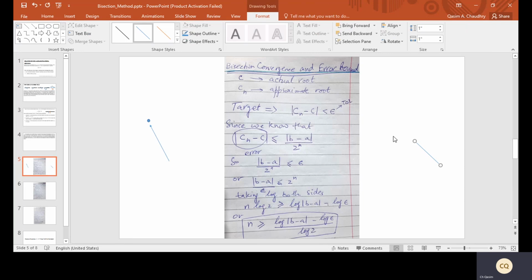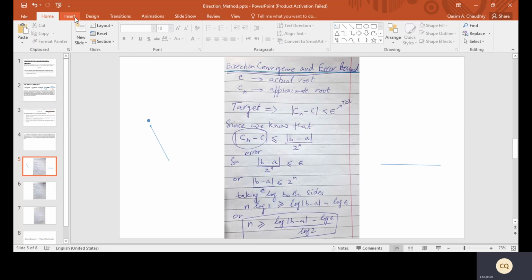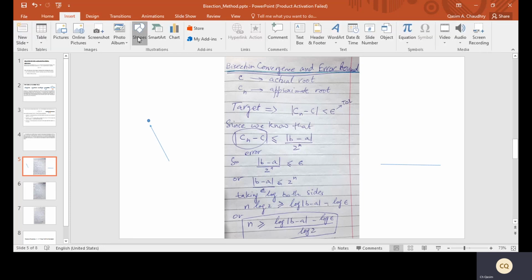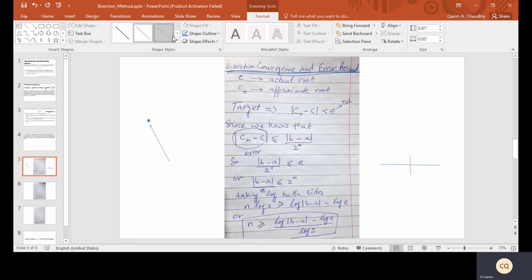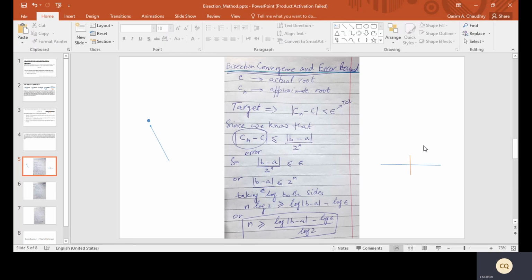Here you can take one value. And now students, I am going to make it half, meaning n is equal to 1. Maybe this is not a good half, but let's say this is half. So students, this is your half interval now.